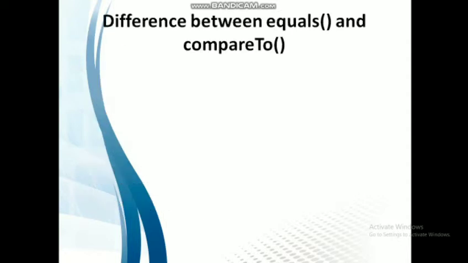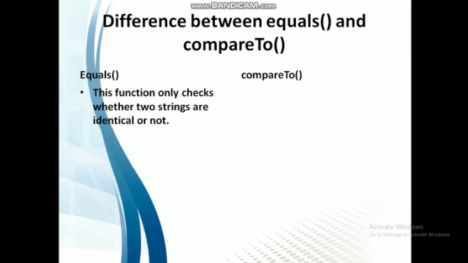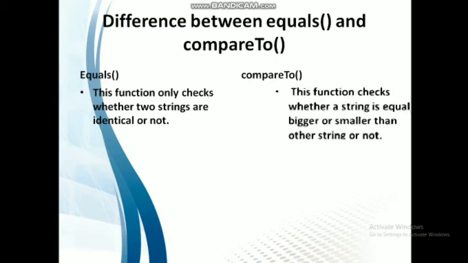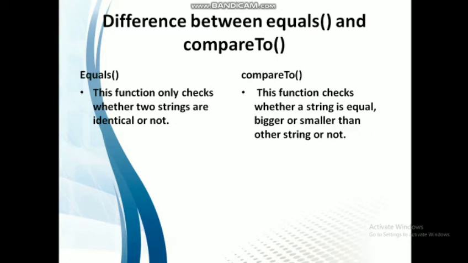Now let us see the differences between the equals and compareTo functions. First, equals: this function only checks whether two strings are identical or not. Whereas compareTo checks whether a string is equal to, bigger than, or smaller than the other string.